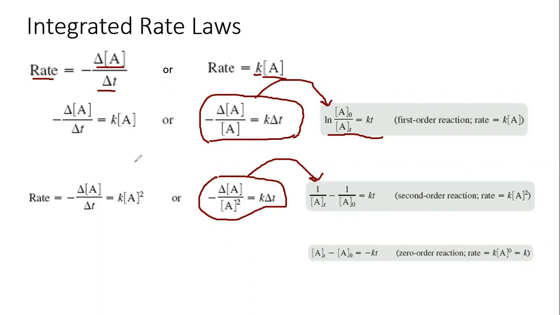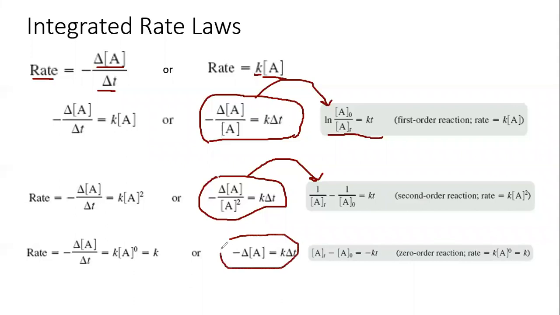And then lastly, we have the zero order. So for the zero order, we have this expression. And so when you do differential equations, you get this for the zero order integrated rate law. Now, there are a third order and so forth integrated rate law, but we're only going to look at these three for this course.